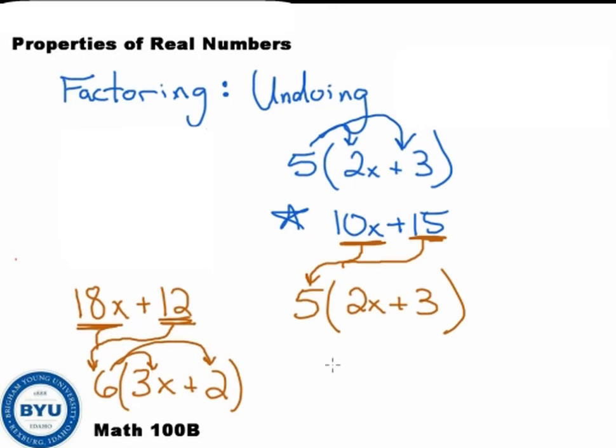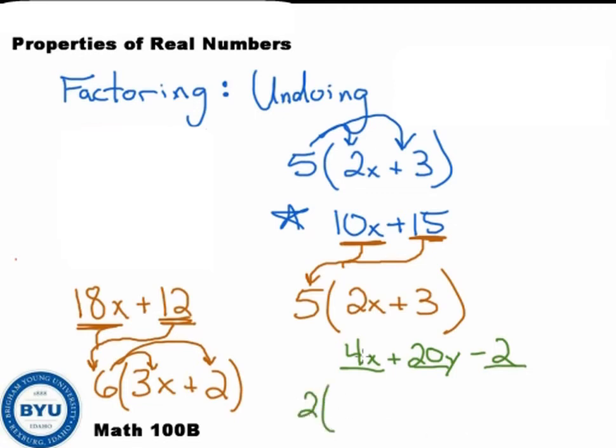Let's look at another one. What if I had 4x plus 20y minus 2, and we were asked to factor this problem? As I factor this problem, I want to say, okay, what will come out of each term? Hopefully you look at that and say, oh, they're all even numbers. We're going to pull out a 2. 2 is the greatest common factor.